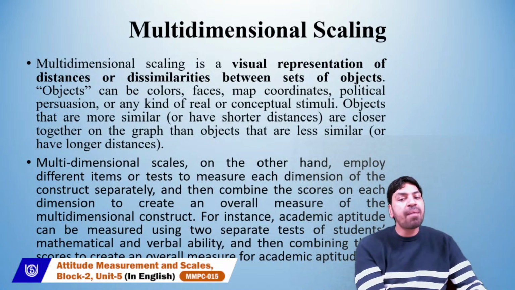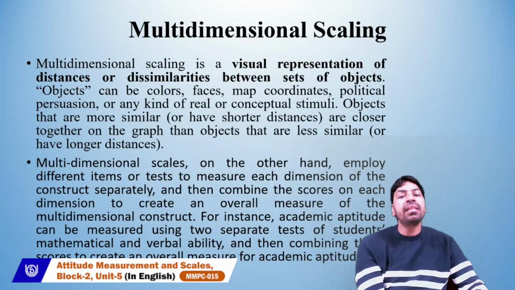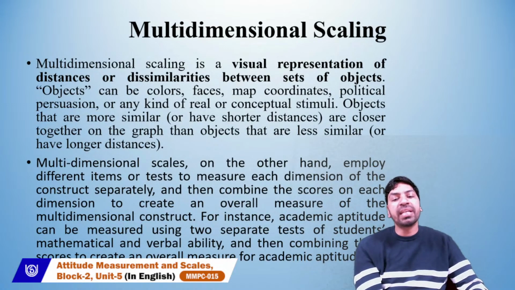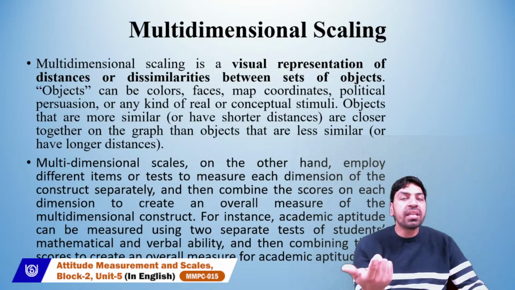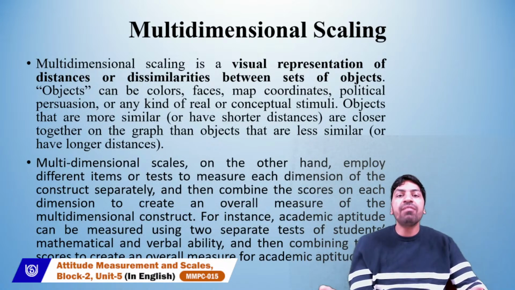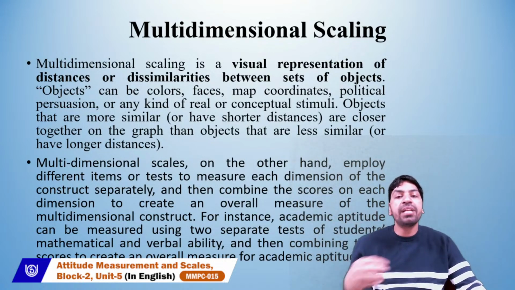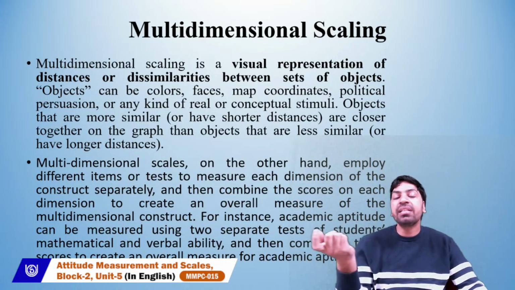For example, academic aptitude can be measured using two separate tests of students, mathematical and verbal ability, and then combining these scores to create an overall measure of academic aptitude. If you look at any non-verbal reasoning test, there is one question and five response options in diagrams, and you have to answer with the right diagram.